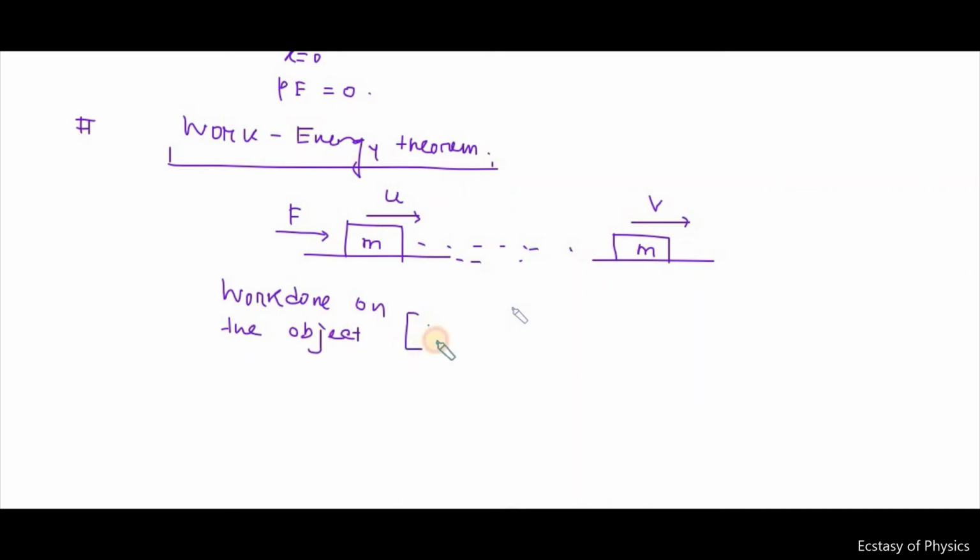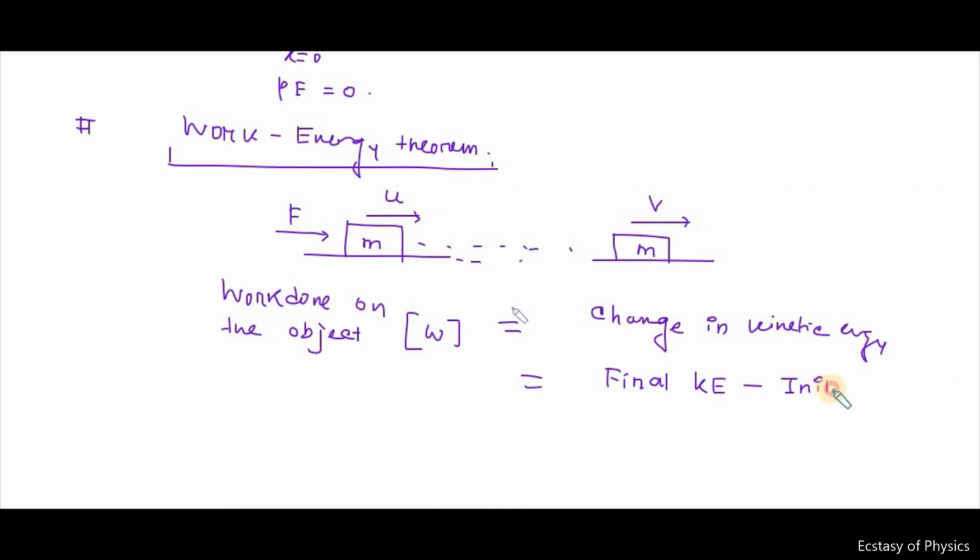is represented by W, and that is equal to the change in kinetic energy. The change in kinetic energy is the final kinetic energy minus the initial kinetic energy. Final kinetic energy refers to the final position here, and this is the initial position here.